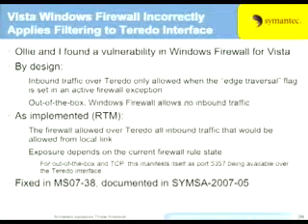Now, Ollie and I did find a vulnerability in the Windows Vista firewall specifically, and we reported this to Microsoft. By design, inbound traffic over Teredo was only supposed to be allowed when a special flag, edge traversal, is set in an active firewall exception.